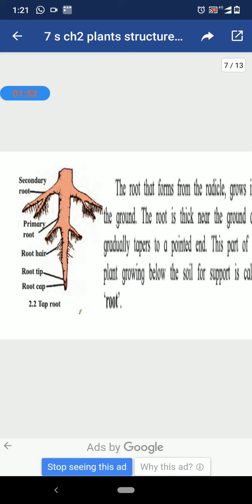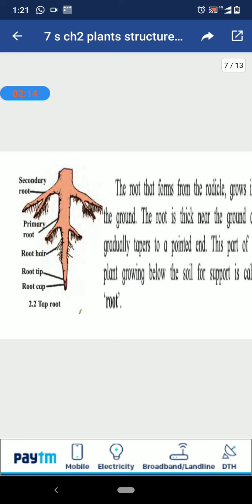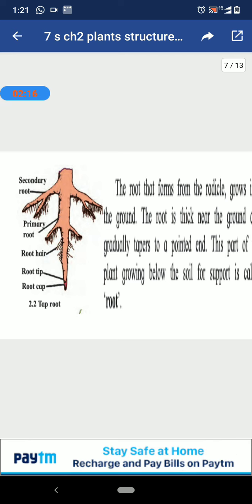Taproots are thick near the ground and go on tapering as we go down, finally reaching a pointed tip. That tip is the root tip, which is the region of growth of plants. It also contains the root cap. It also has secondary roots which grow obliquely and contain the root hair.